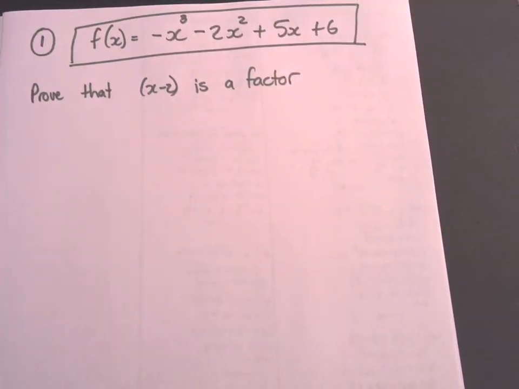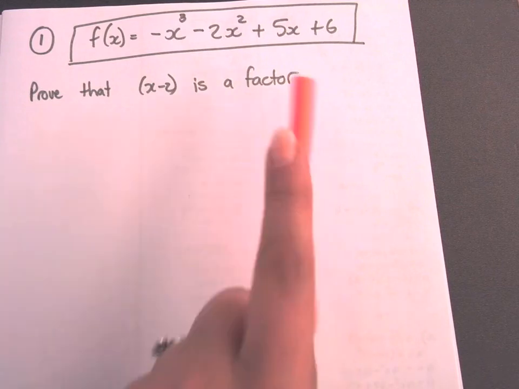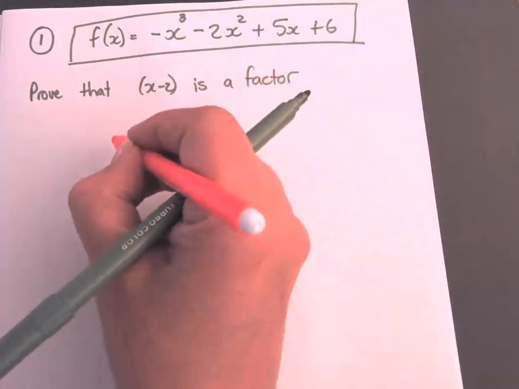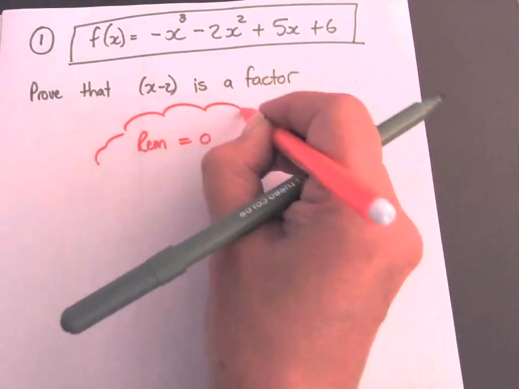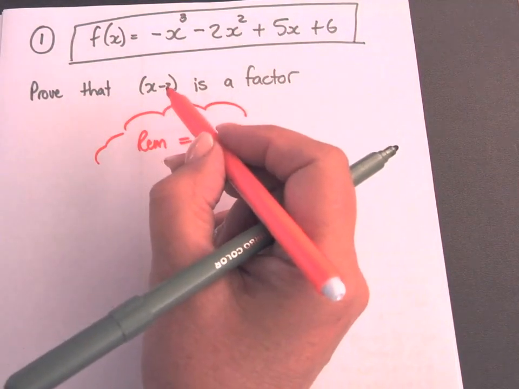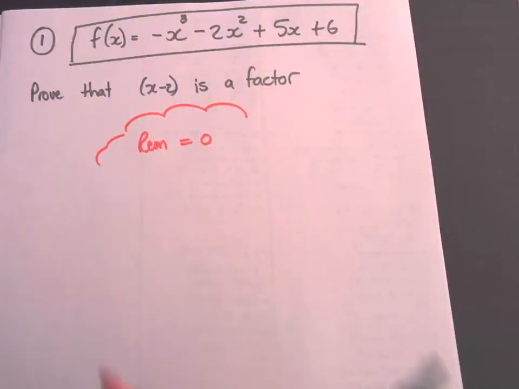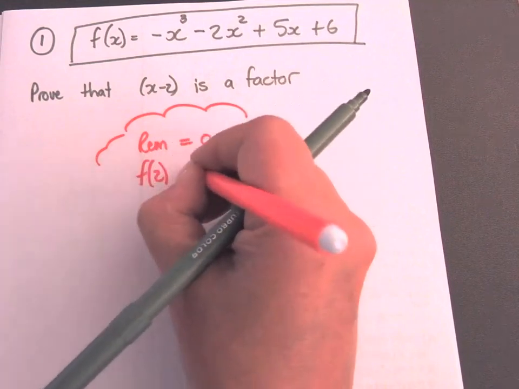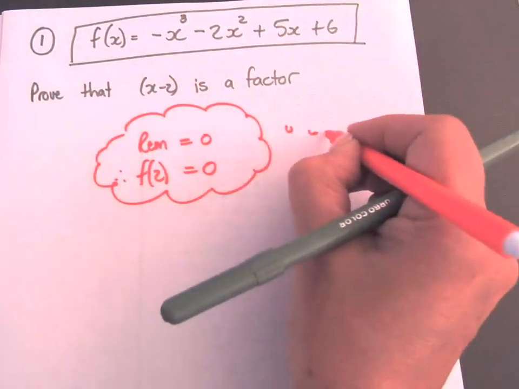How do I prove that something is a factor? The remainder must be 0. That's the question that you must ask yourself. What is the remainder? The remainder formula in this case is f of 2. So f of 2 must be 0.